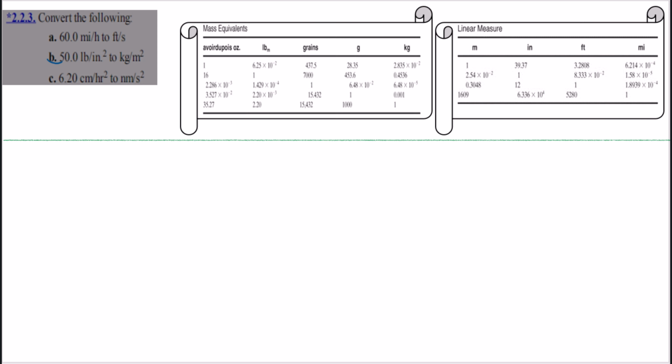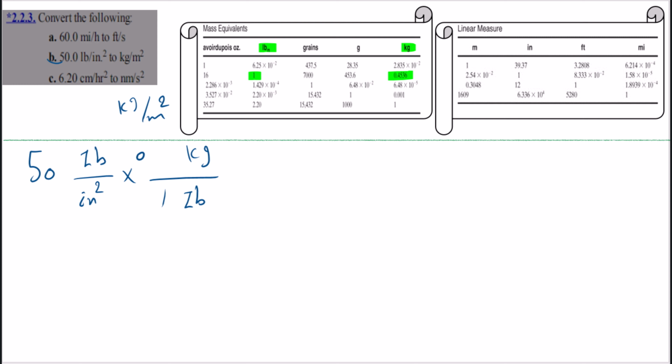Let's go to the next part. Part B. 50 pounds per square inch must be converted to kilograms per square meter. First of all, convert pound to kilogram. You know that 1 pound mass equals this many kilograms, 0.4536. And square inch must be converted to square meter. You know that 1 meter equals 39.37 inches.